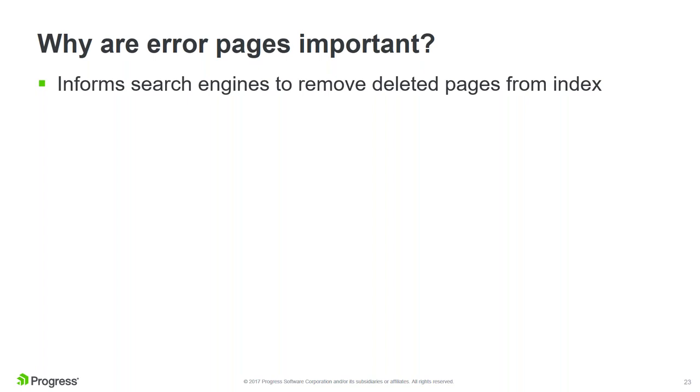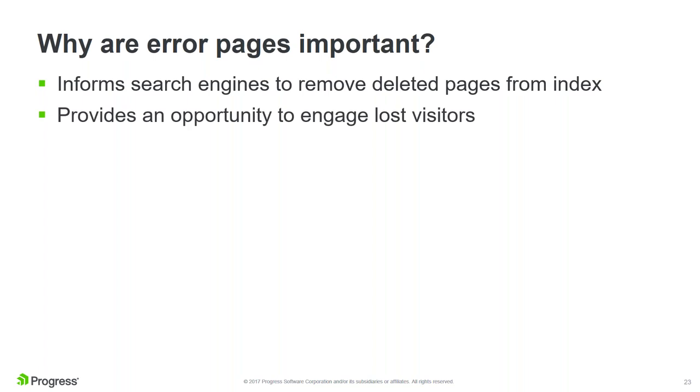removed from the index. It also provides a massive opportunity, in my view, to engage lost visitors. And why is that? Well, say somebody's coming from another site that has linked to your page or your website, or coming from a search engine, and that article you had on the website is long gone.